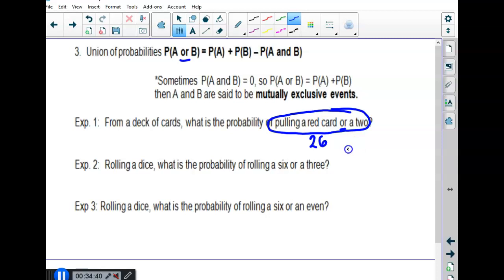Well, there's 4 2s, but have we counted some of them already? Yeah, 2 of them are red, so there's only 2 more that we have to add. That's where they say you could add all the red cards, all the 2s, and then subtract the red 2s. That just seems confusing to me. But there's a total of 28 winners out of 52, which reduces by 4 to 7/13 maybe. Anybody checking me?